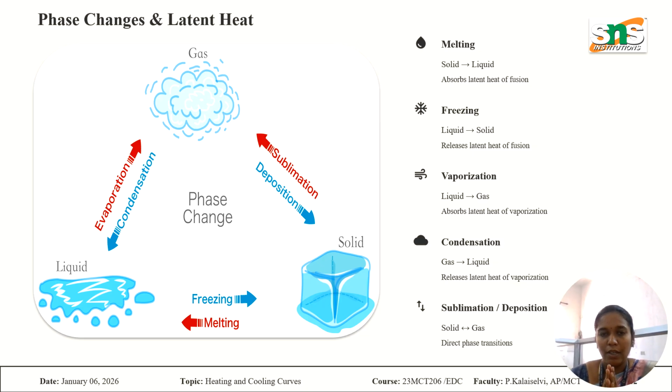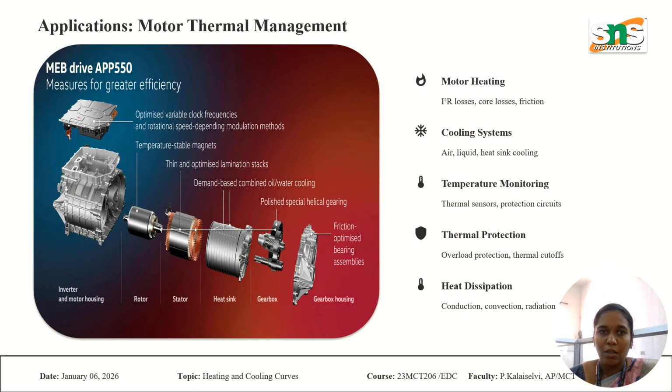And the final one is deposition, direct solid to gas. The key idea is that during phase change temperature remains constant, and energy exchange happens without temperature variation. This concept is extremely important in thermal system design.